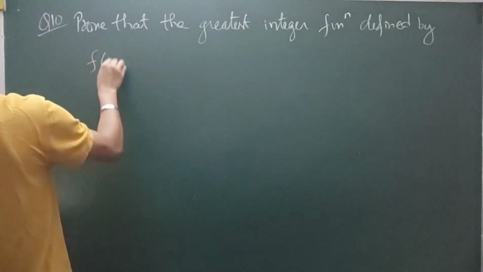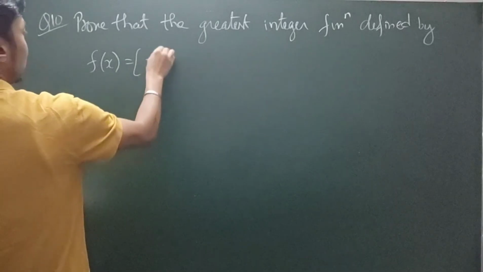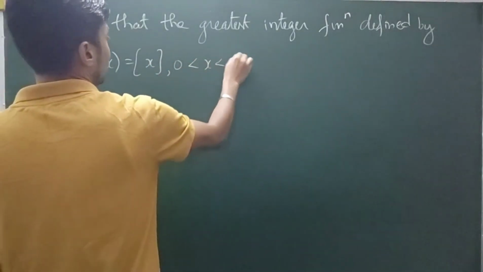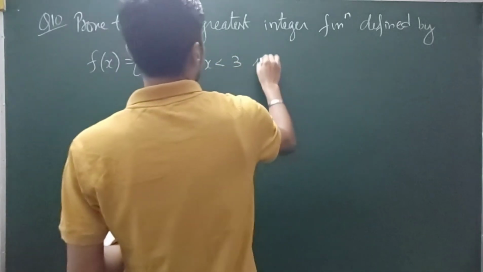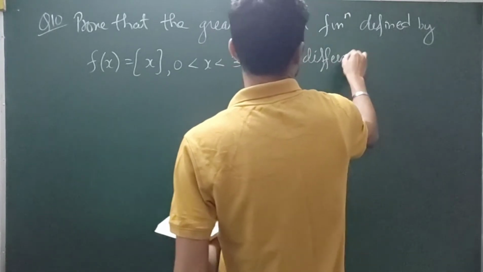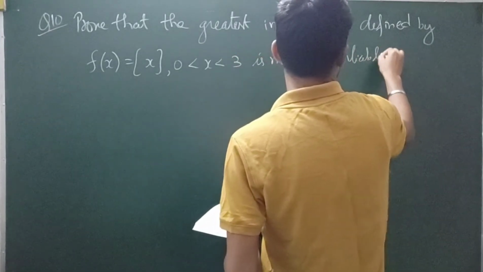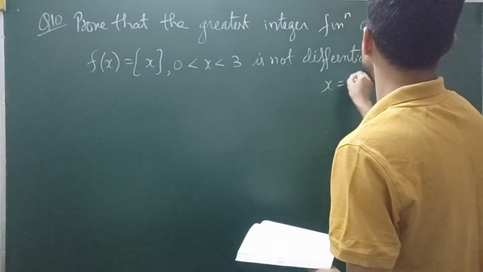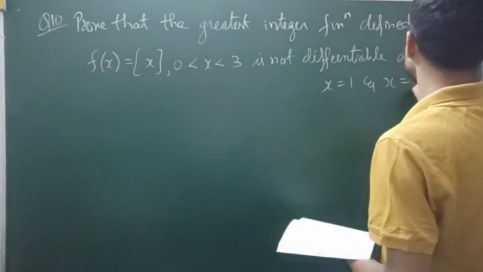Defined by f of x is equal to, of course, the greatest integer function, which is also known as the floor function, if you remember. I hope you're watching all the videos. Is not differentiable at x equal to 1 and x equal to 2.